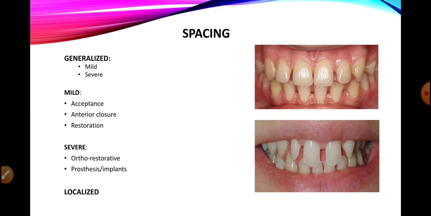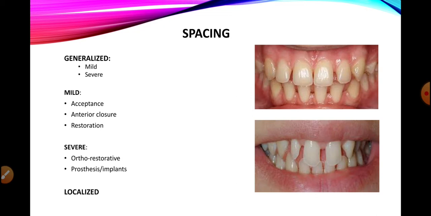Now, first we will be discussing generalized spacing. Generalized spacing usually is rare, and it is either because of hypodontia or small teeth or very well developed arches. By very well developed arches, I mean that there is a discrepancy between the tooth size and the jaw size, that the jaw size is large and the tooth size is small as compared to the jaw size, which results in spacing.